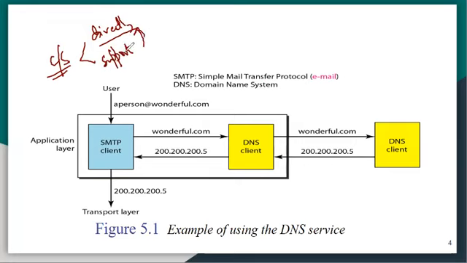So they provide support for the directly used programs. So DNS is a supporting program. So DNS comes in this category. Email is directly used by the user, but DNS supports the programs directly used by the user.